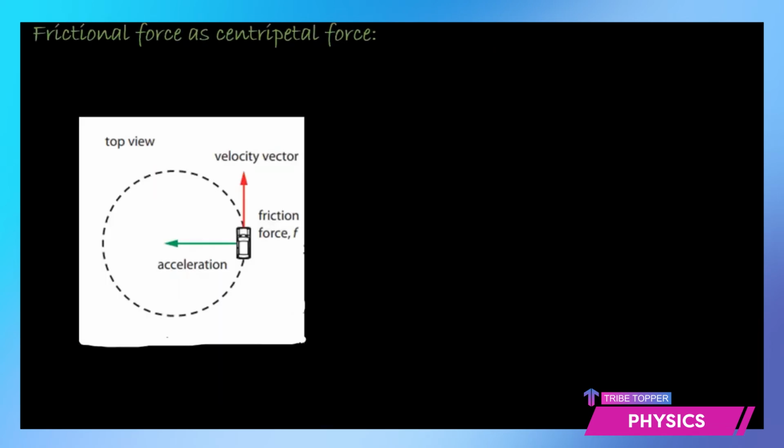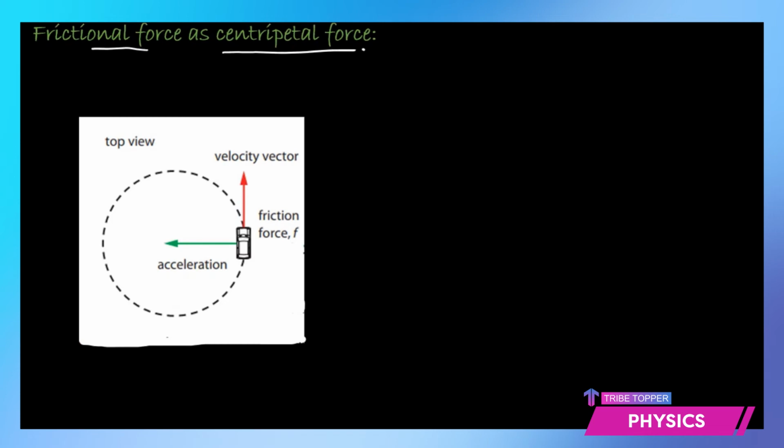The next thing, which is frictional force, is centripetal force. This is very, very important, because as I told you, there is always a source force. Like in the previous session we learned that planets move around the sun, and electrons move around the nucleus, and there is a source force which acts as the centripetal force.